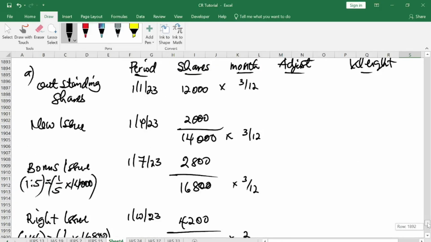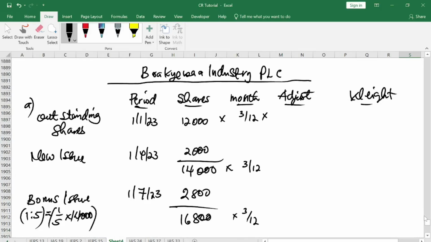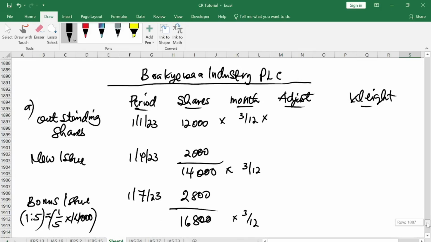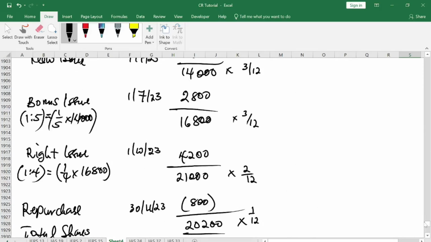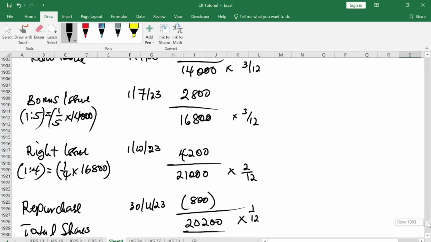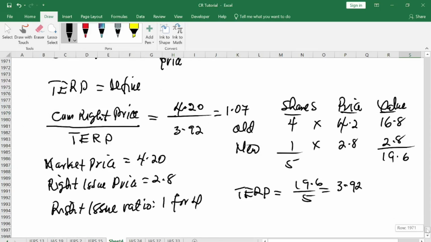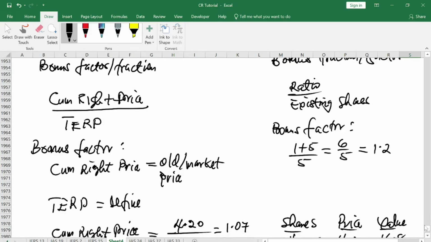So you come here. Now you will multiply. Listen very carefully. Let us start with the bonus issue adjustment. The bonus issue factor is 6 over 5, or 1.2.